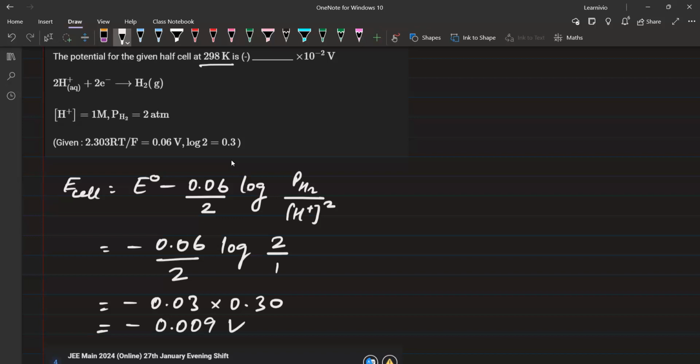And log 2 is also 0.30. So you'll have to put it in pressure of H2, 2 atm, concentration of H plus 1 molar. Then what else?